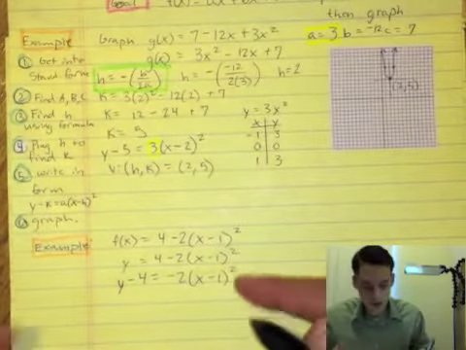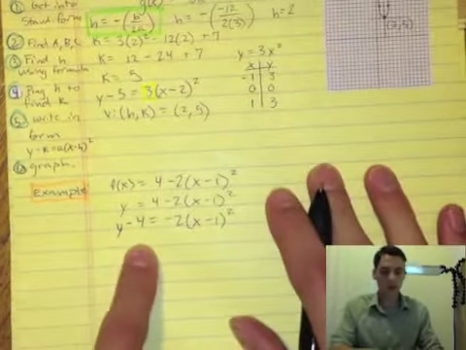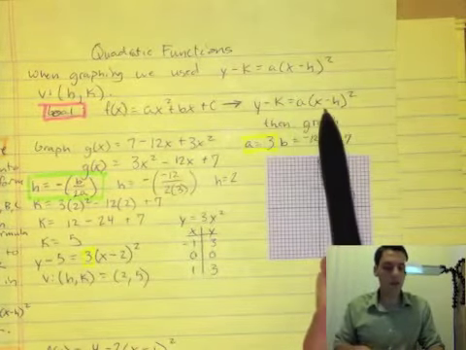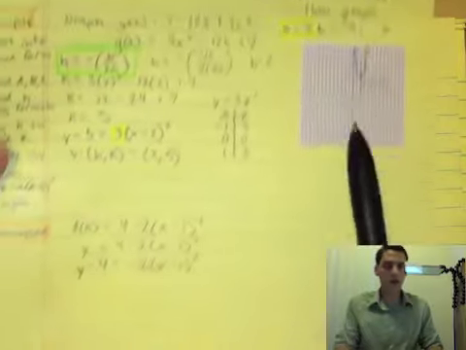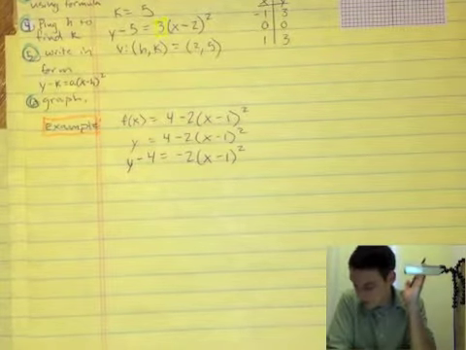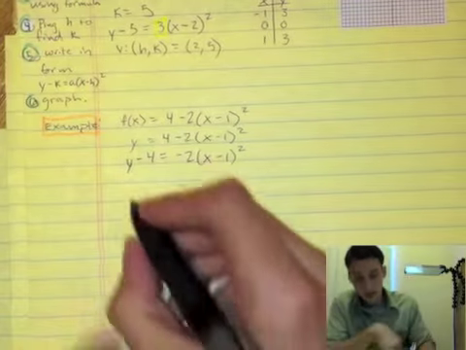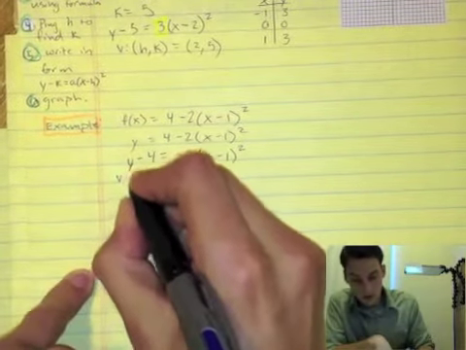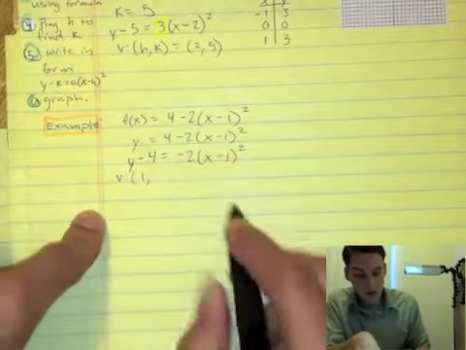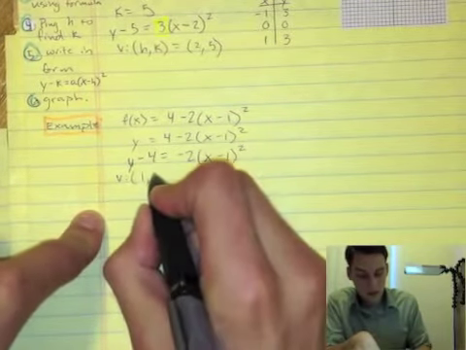This is in the form y minus k equals a times x minus h quantity squared. That's the form. That's all we had to do. Now we can graph it like we normally have been doing. So h, in this case, will be positive 1. k is 4.